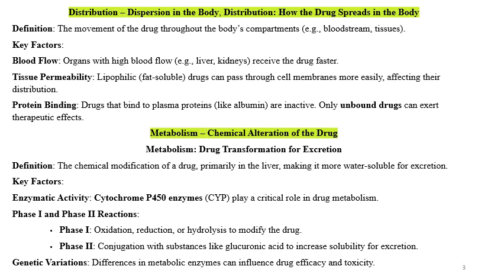Key factors affecting distribution are blood flow, tissue permeability, and protein binding. Organs with high blood flow, that is the liver and kidneys, receive the drug faster. Lipophilic drugs, that is fat soluble drugs, can pass through the cell membranes more easily, affecting their distribution.